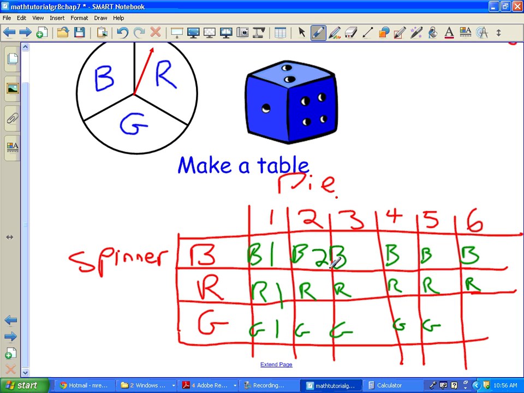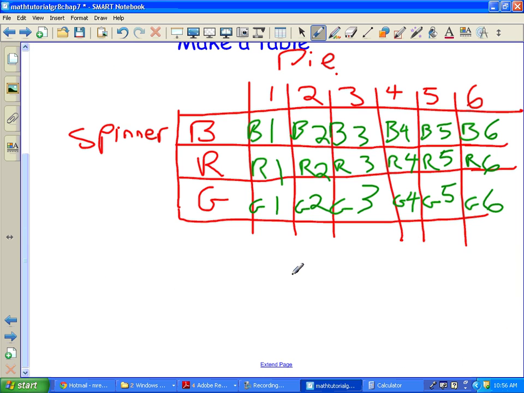And this, of course, will be 2, 3, 4. See, all I did was say the chance of getting a green, that is a 4. And of course, these will be 5. And this will be 6. Like that. So how many total possible outcomes could I have? 3, 6, 9, 12, 15, 18. So there's 18 possible outcomes.